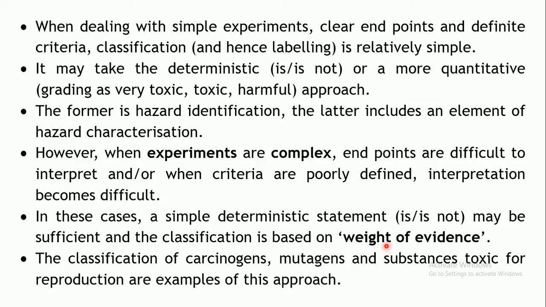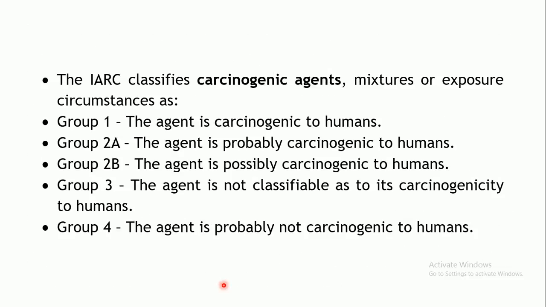Such classifications are utilized for carcinogens, mutagens, or substances which are toxic for reproduction. Classification of such agents is quite difficult, and it is classified and grouped based on different parameters. Say for example, carcinogenic agents.